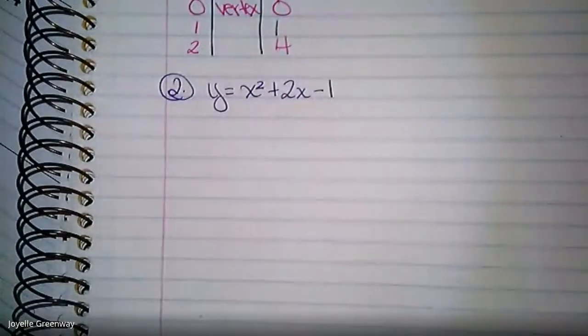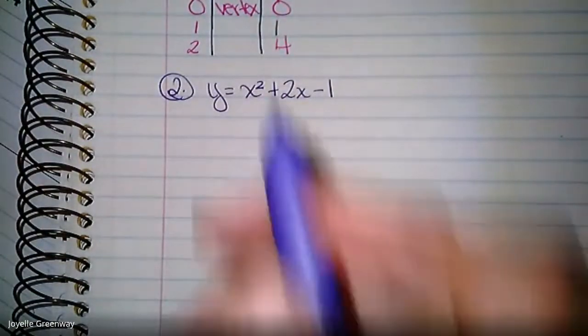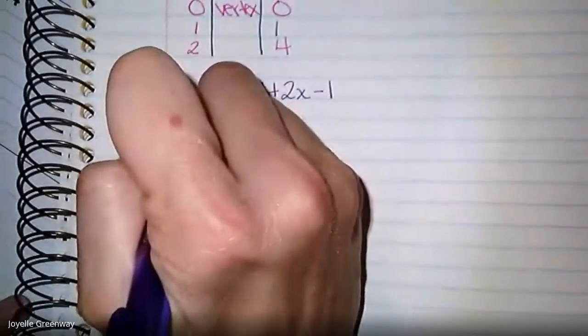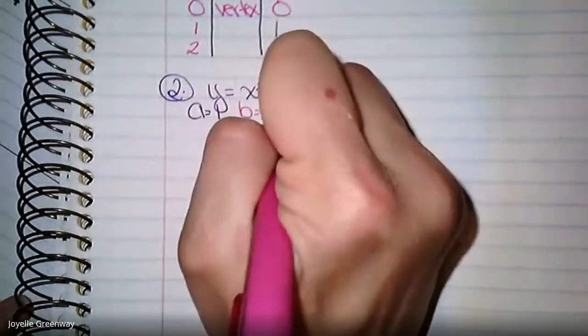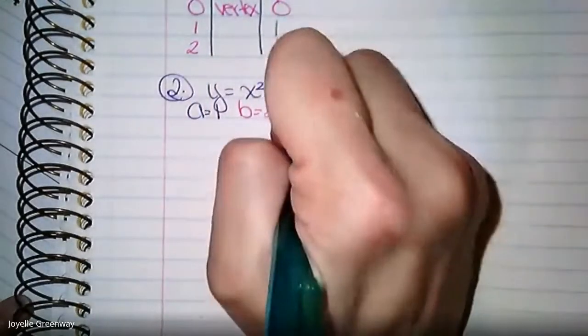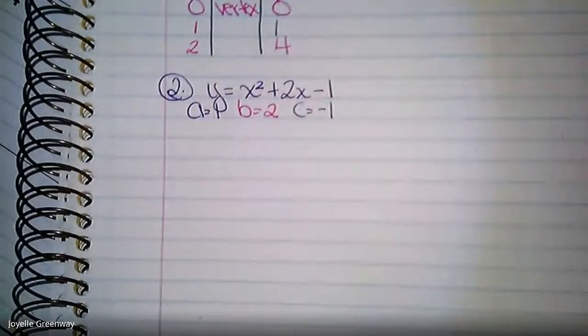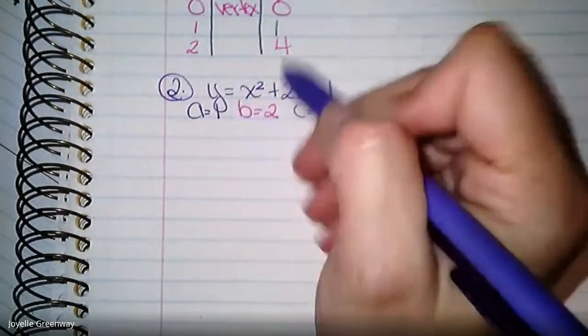So number 2, we have y is equal to x squared plus 2x minus 1. So first step is a is 1, b is 2, and c is -1. So I know that my graph is going to open up.